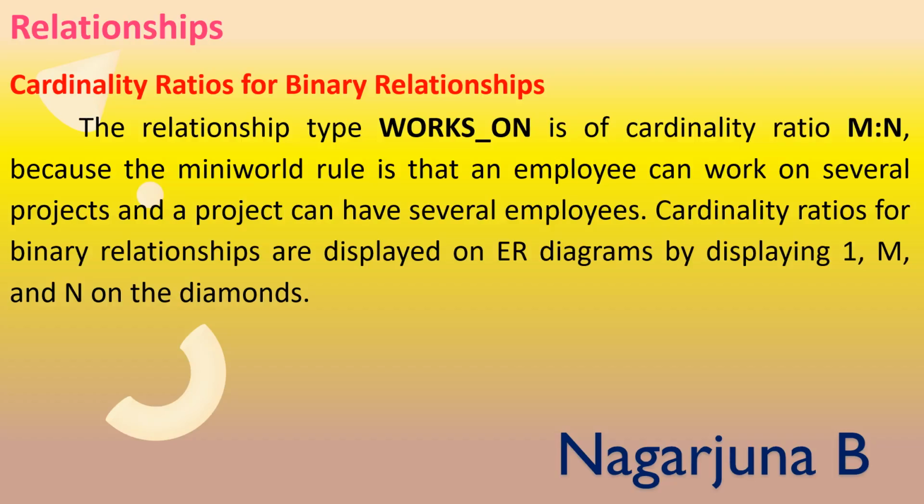The cardinality ratios for binary relationships are displayed on an ER diagram by displaying 1, m, n on the links. When we relate one entity with another entity in a relationship, we use a diamond shape. Besides the diamond shape, we write 1, m, n.